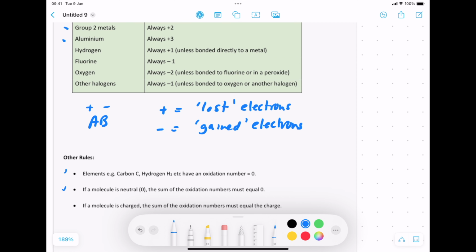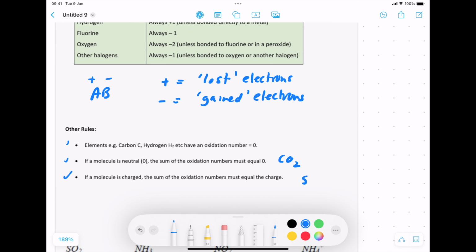If a molecule is neutral, then the sum of the oxidation states must come to 0. So if you have, for example, a molecule like CO2, that molecule is neutral. It doesn't have a charge, which means the oxidation states must add to give 0. And then for the final point, similar sort of thinking, if a molecule is charged, then the sum of the oxidation states must add up to that charge.